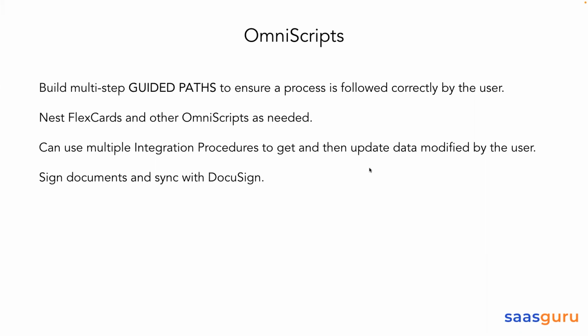You can use here integration procedures also, as well as data wrappers and everything. You can use integration procedures to get and update the data modified by the user. So it's not just taking a list of what the user wants, but it's automatically syncing those changes. And the most exciting thing is you can generate documents, sign documents, and sync them with DocuSign.